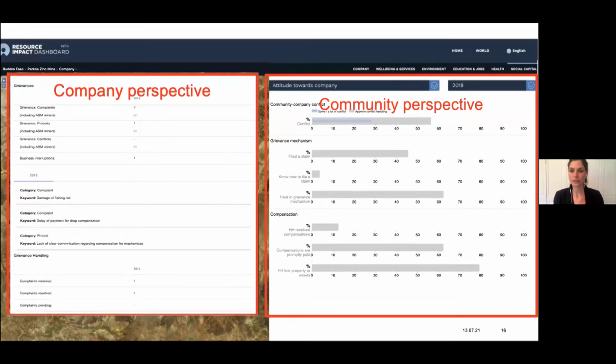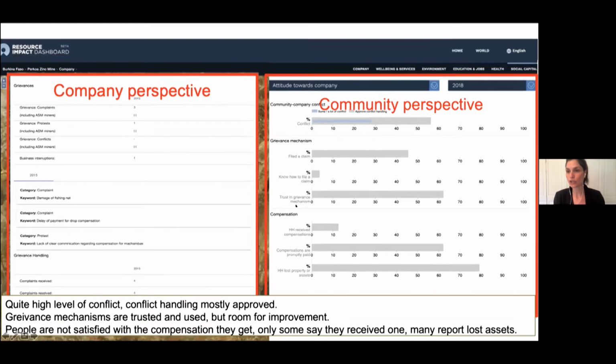Again, the company gets to also share their data on how many complaints they get, on which topics the complaints were, as well as how many of the complaints they were able to resolve through their grievance mechanisms. What is shown here is that one issue around which conflict often arises is the issue of compensation. As you can see here, many people say they actually perceive they lost property or assets.